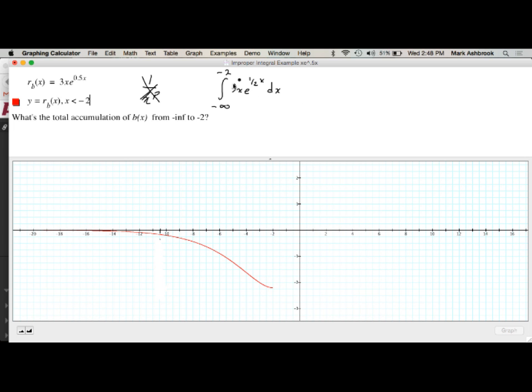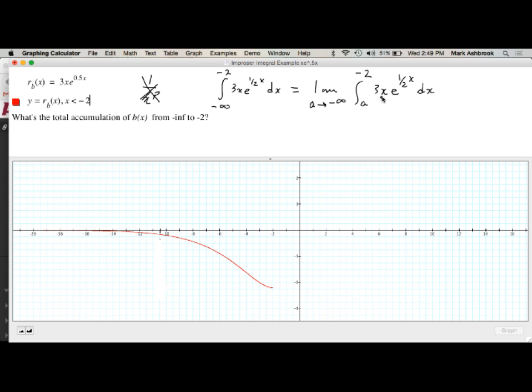How do we do the antiderivative of 3x e to the 1/2 x? So we're going to start by doing the limit as a goes to negative infinity of the integral from a to negative 2 of 3x e to the 1/2 x. This is a job for undoing. You should notice this is undoing the product rule, right? If this were x squared, then it'd be undoing chain rule.